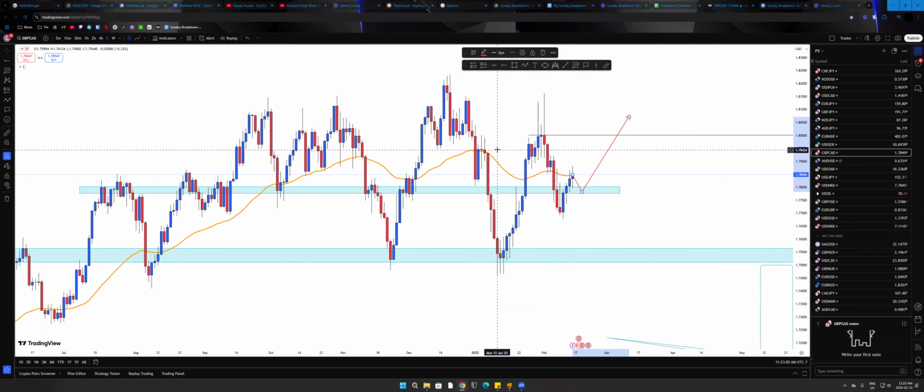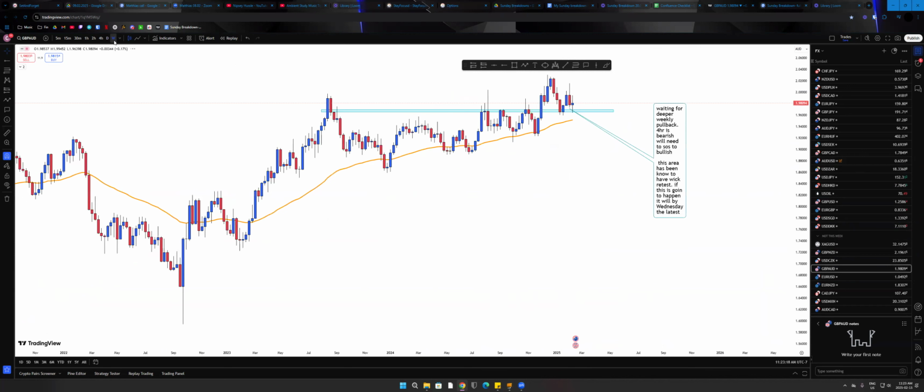I would consider that broken structure according to my rules, but because it's the ugliest one of them all, I'm just going to leave that here. And then how far did we get? The GBP weekly is wick rejecting. I think I'd rather just wait until we get a little closer.